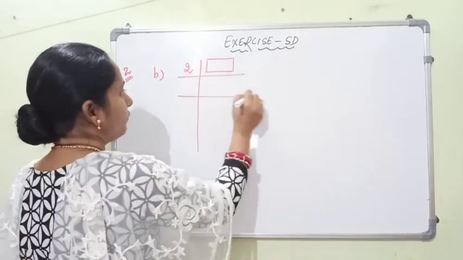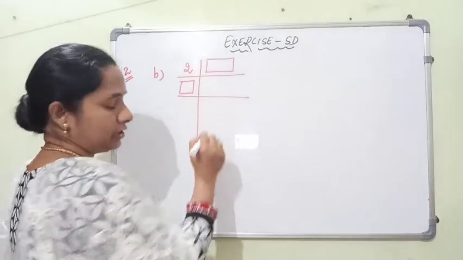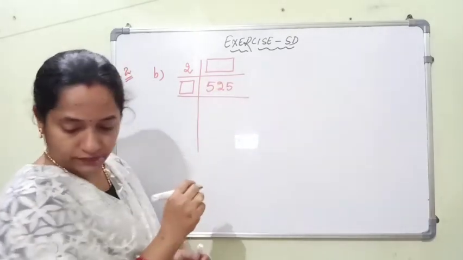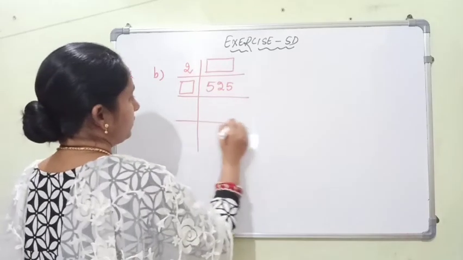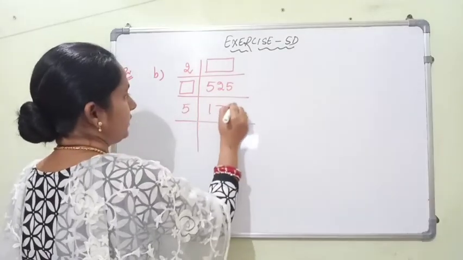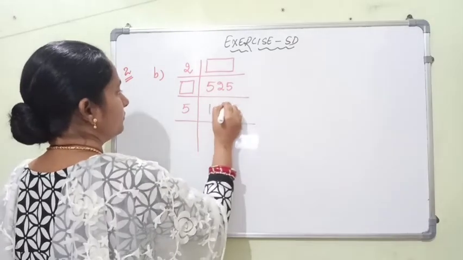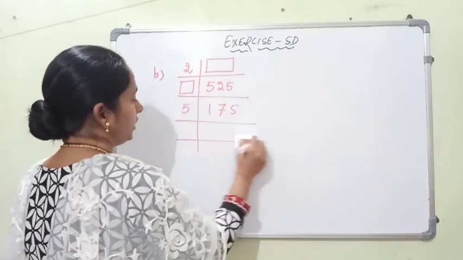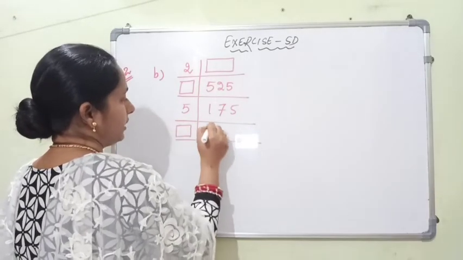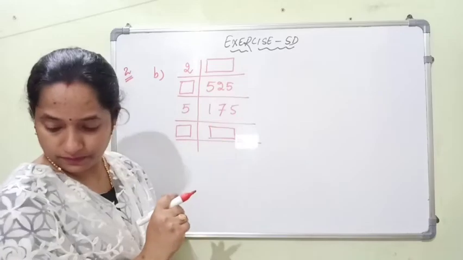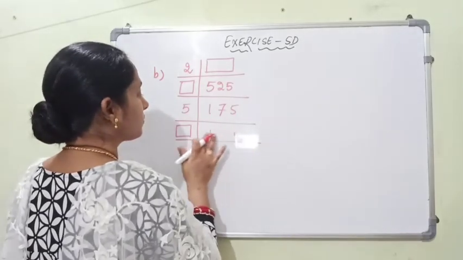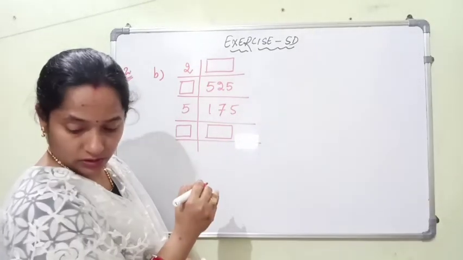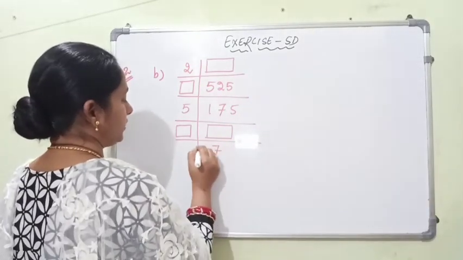Now here you have one more blank space, and you are given 525, and further you have 5 and 175, and here again blank spaces are given. Then finally you have a 7 at the end here.